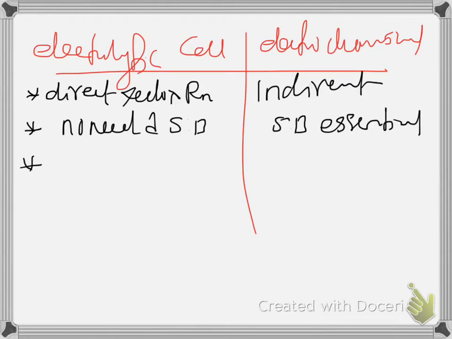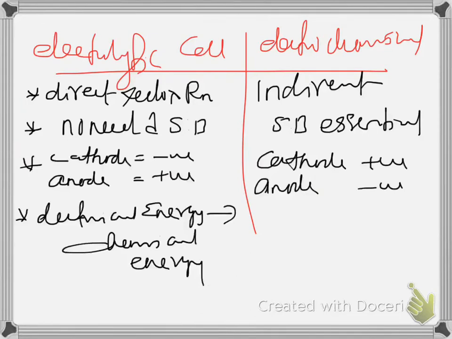Third one, the charge of the cathode and anode. In the electrolytic cell, the cathode is negatively charged and the anode is positively charged. While in the electrochemical or galvanic cell, we have the cathode as positive and the anode negatively charged.